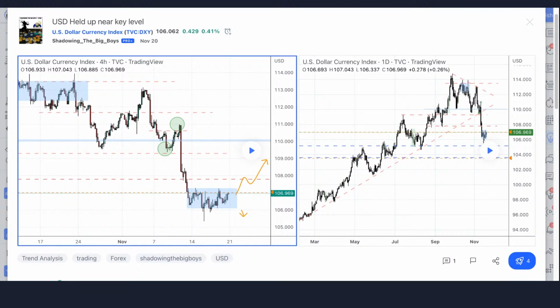But overall the market still made some moves for us to profit as well. It's just, as compared to the previous weeks, not that much of a move.